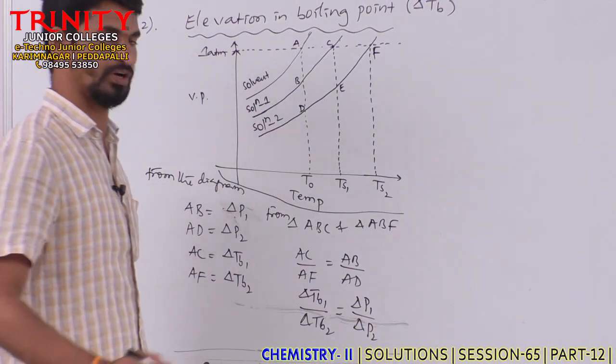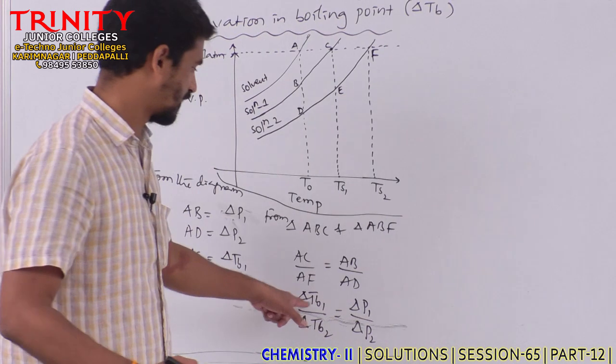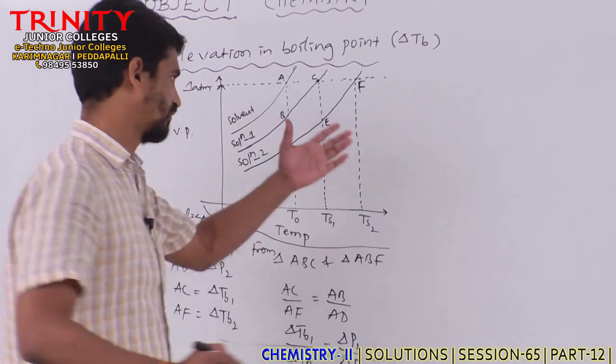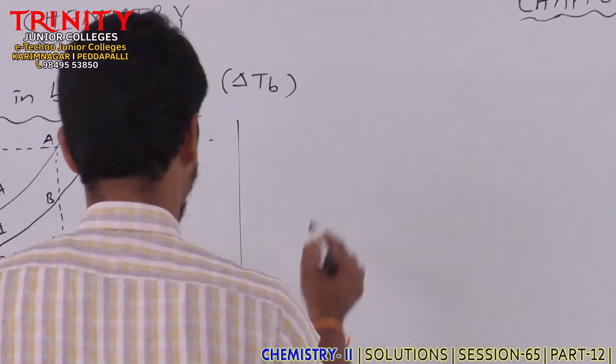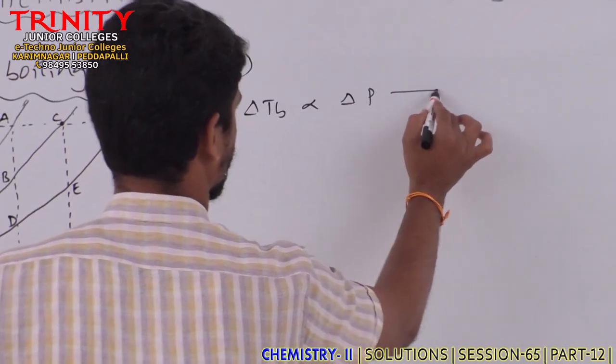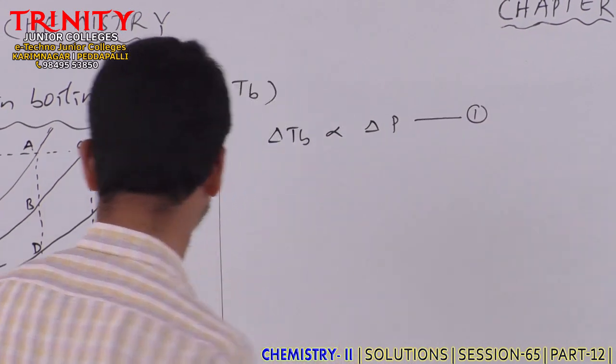Clear? So from this what can you say? Here, delta TB1 by delta TB2 equals delta P1 by delta P2. From this we can write that delta TB is directly proportional to delta P. Let this be equation number 1.